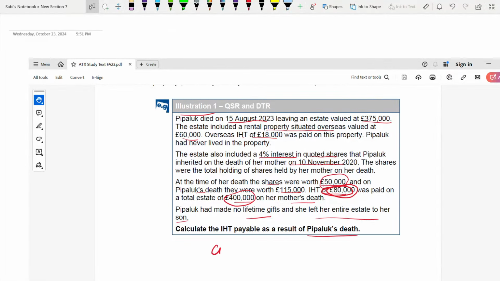Mother's death. Okay, so now this was 10 November 20. She inherited and he died 15th August 2023. So within 2 to 3 years. So because the death is within 2 to 3 years, that means from the legacy and P's death within 2 to 3 years.